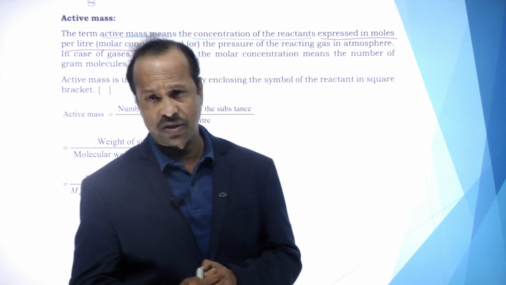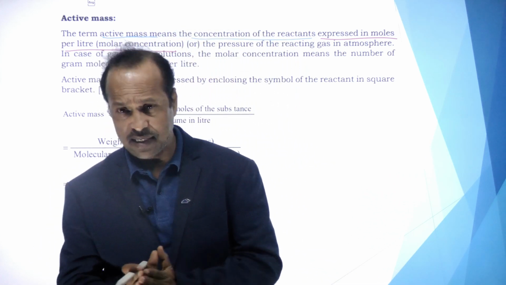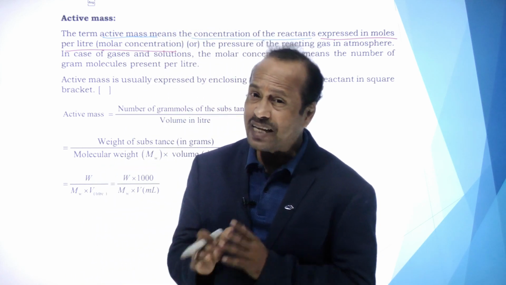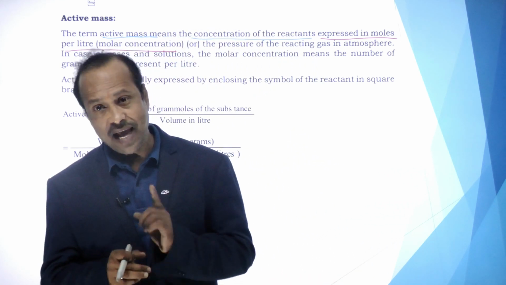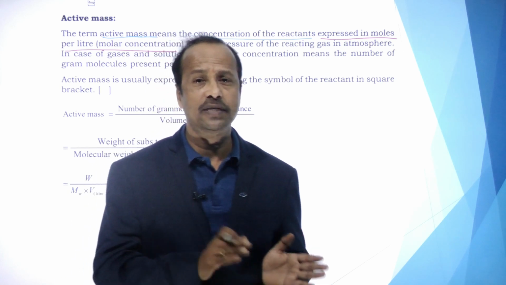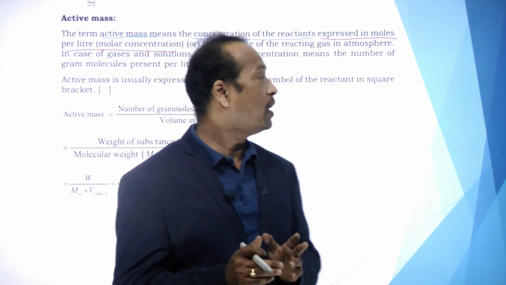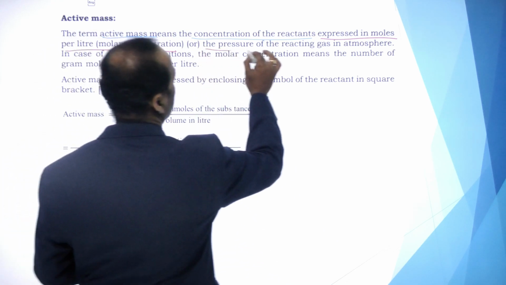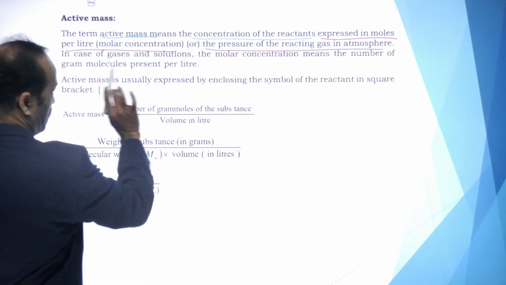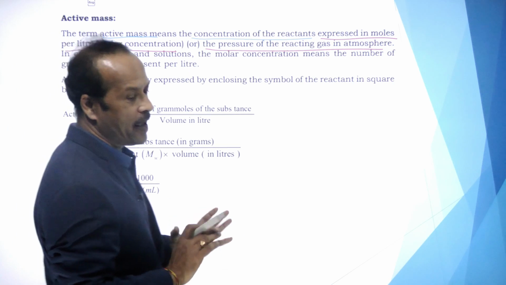But in a few instances, sometimes gases are used. When gas is used, it may also be expressed in terms of pressure. For example, the pressure of reacting gases in atmospheres. Like this we can express it.